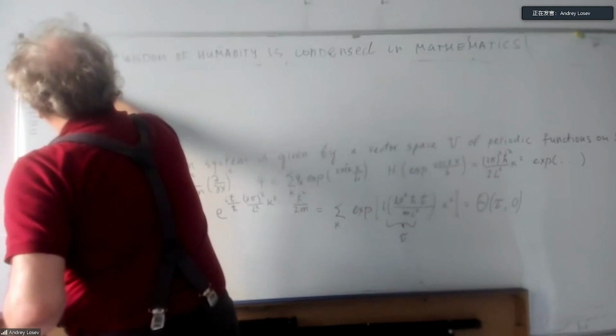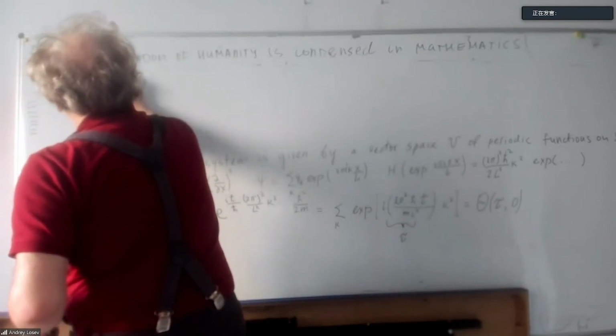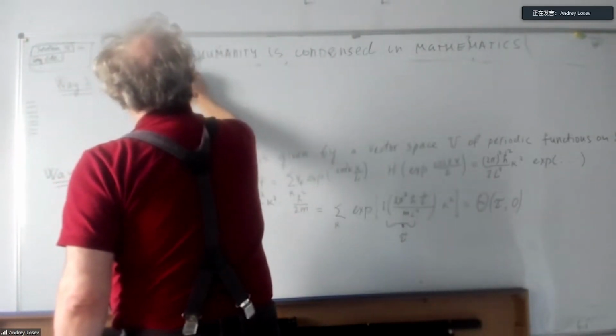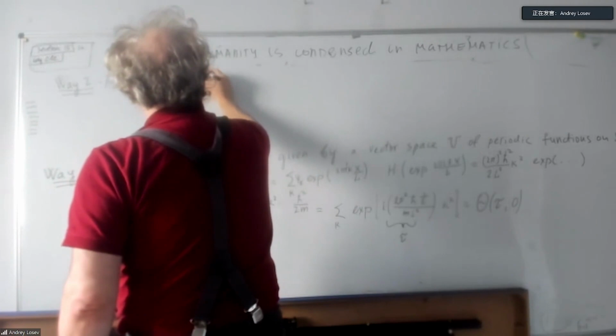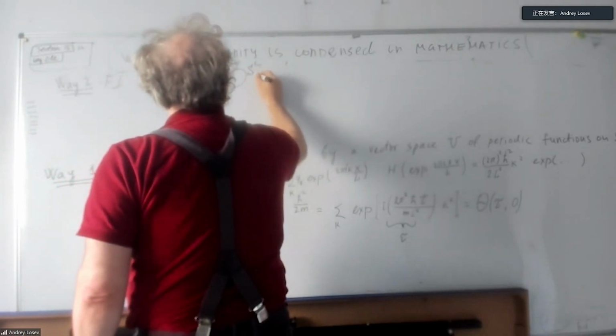It would be called way 2, functional integral. So here we have this S1, and we go to S1 of length L.